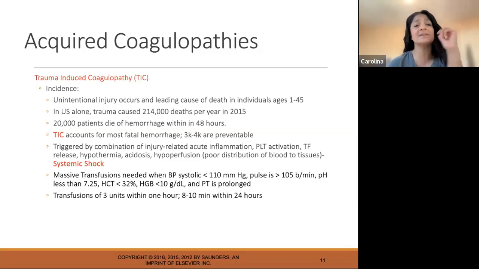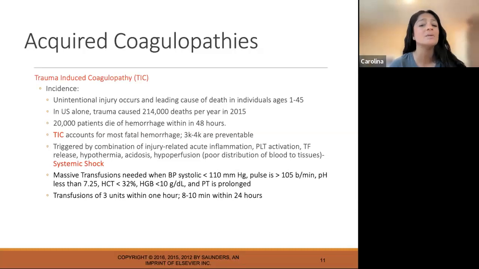So in these instances, massive transfusion protocols are basically needed, and they need to be administered right away because the patient is bleeding to a very severe degree, right? And so at this point, we're talking about transfusions not of one little bag, but perhaps many bags coming in one after the other, one after the other. We know that massive transfusions in these cases are needed when there is a drop in blood pressure, the pulse increases, there is an issue with the pH, it's less than 7.25, the hematocrit is low, and the hemoglobin is low.